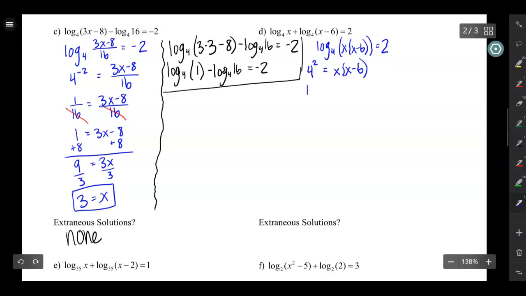So 4 squared is going to be 16. And then on the right side of my equation, I need to distribute this x inside. So it'd be x squared minus 6x. Then I have a quadratic. I know I have a quadratic because I have an x to the second power. So I'm going to set my equation equal to 0 by subtracting 16 from both sides.